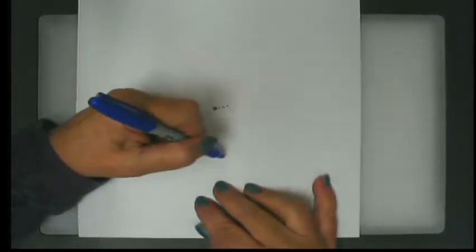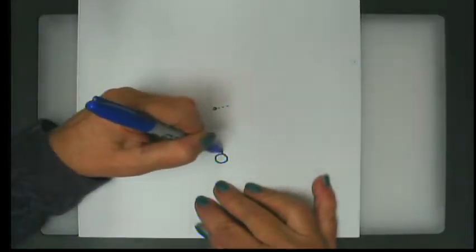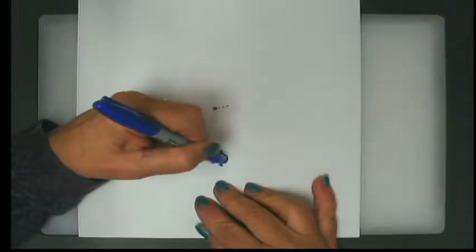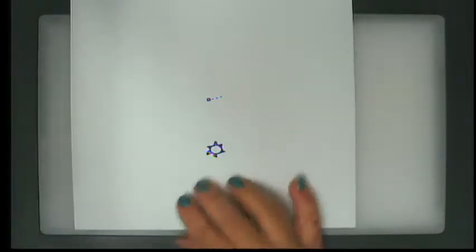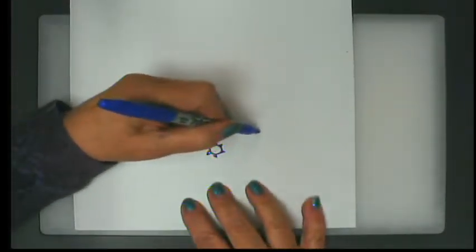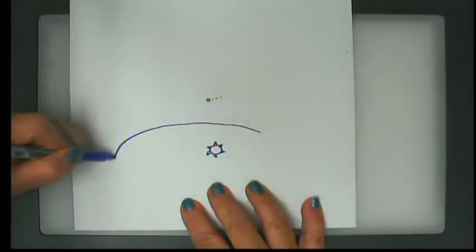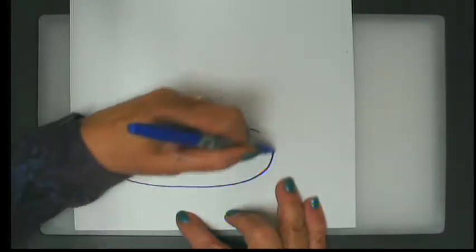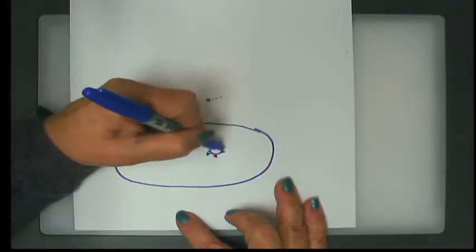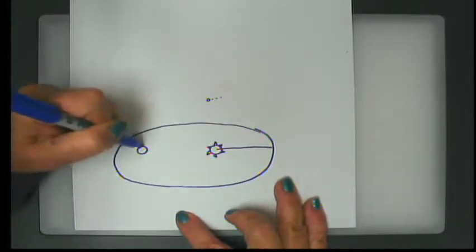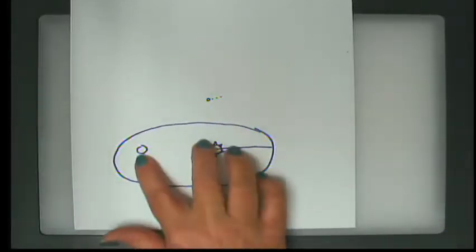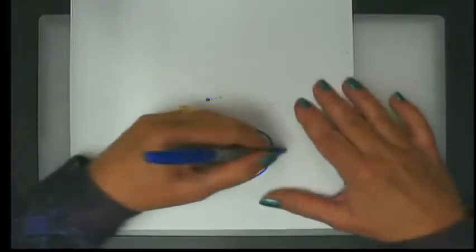But when we say here's our sun, right? It doesn't really look like that. But there you go. If you were to look at a planetary orbit, there's two foci in an ellipse, and once again, my drawing skills have eluded me because they should be farther down. In other words, there's an axis.